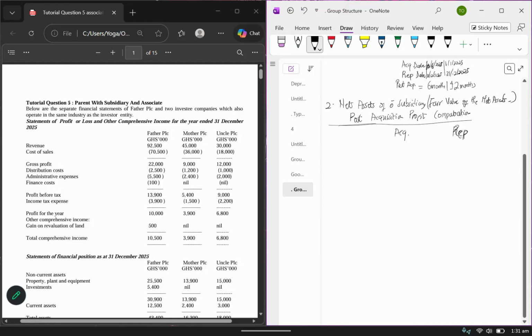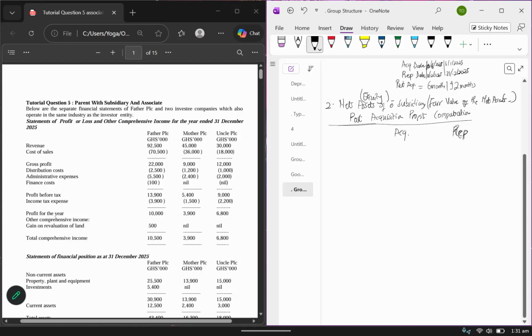So from the time that we acquired a portion of the subsidiary, how has its net assets changed? But then the net assets here, indirectly, we are using the equity, so the changes might be in relation to equity, it might be in relation to net assets.